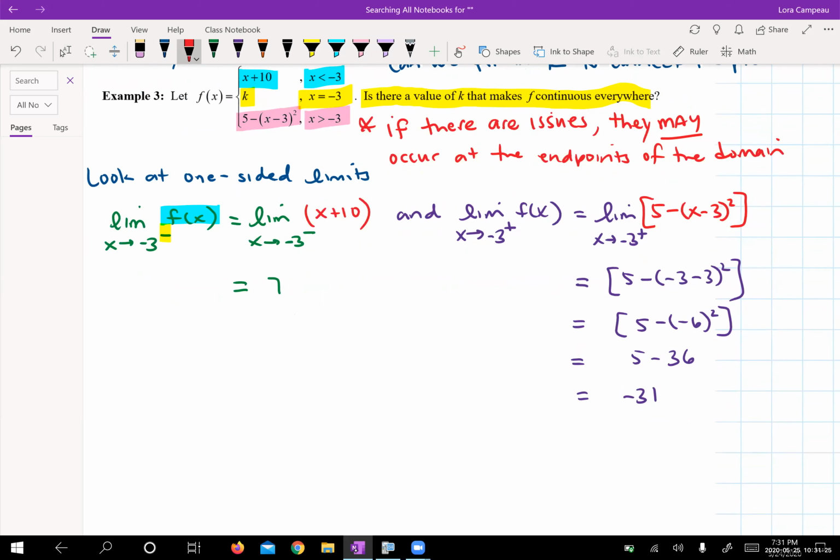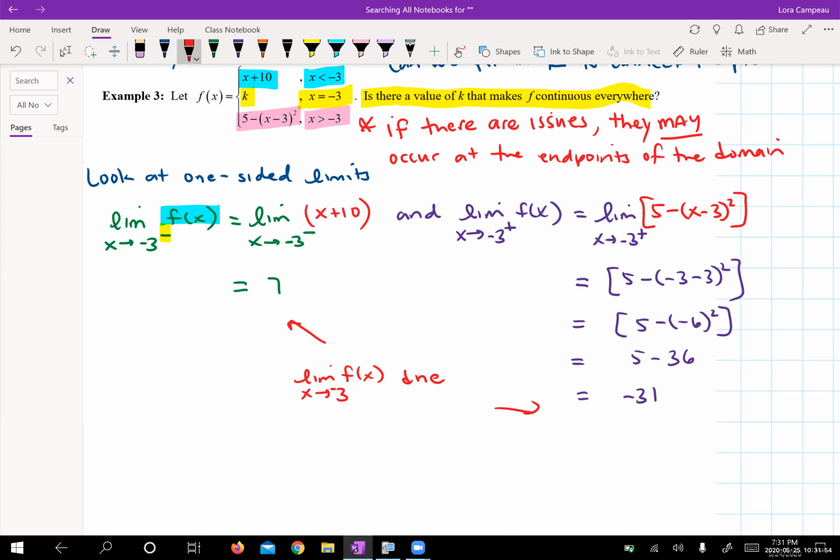Now, when we do the comparison right here, if the limits were the same, we would be okay. We would have an existing limit. But when we do the comparison, we see that the limit of f of x as x approaches -3, because we have different values, does not exist.